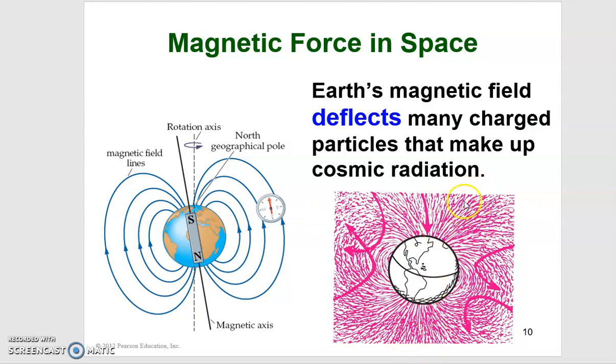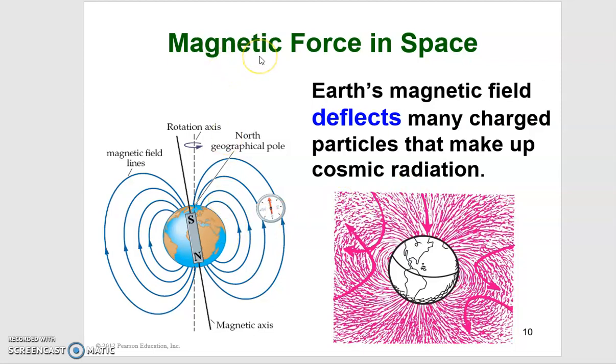This is the magnetic field lines of the Earth, and you have a bunch of charged particles moving, coming from different sources and hitting on the surface of the Earth. However, we know that the charged particles will experience a force when they are in the magnetic field. So let's use these pictures and get a sense of it.